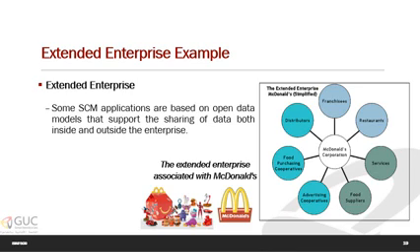Some supply chain management applications are based on open data models that support the sharing of data both inside and outside the enterprise to improve the time to market of products, reduce cost, and allow all parties in the supply chain to better manage current resources and plan for future needs.